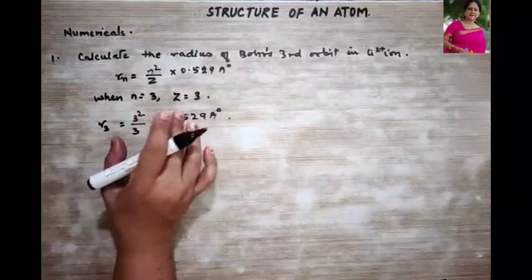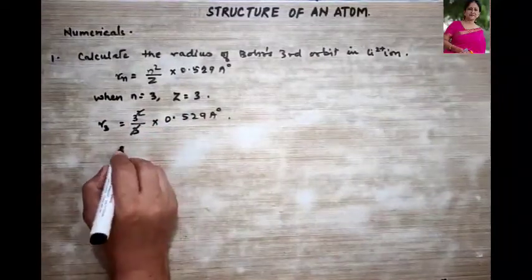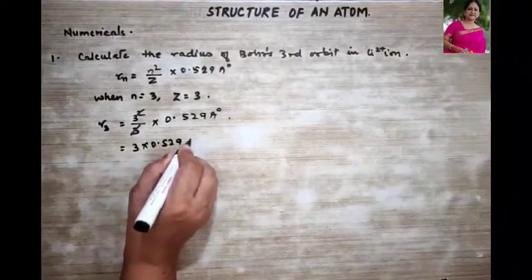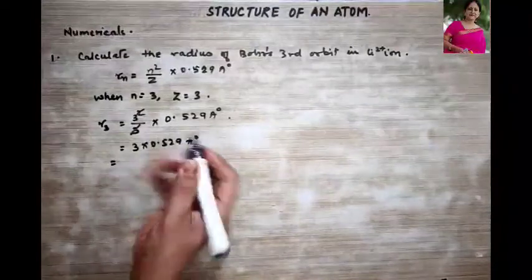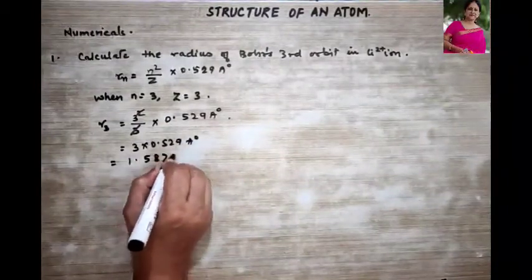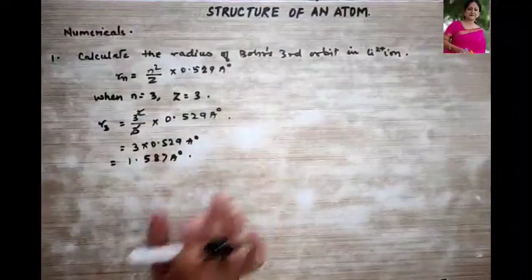When you calculate this, 3 gets cancelled. So this comes out to be 3 into 0.529 Angstrom, which is approximately equal to 1.587 Angstrom. Is that clear how to do this question?